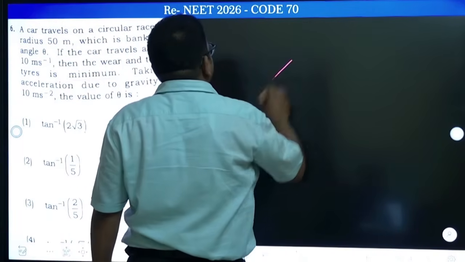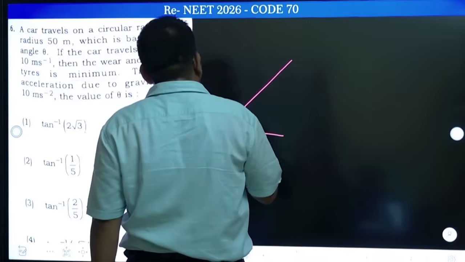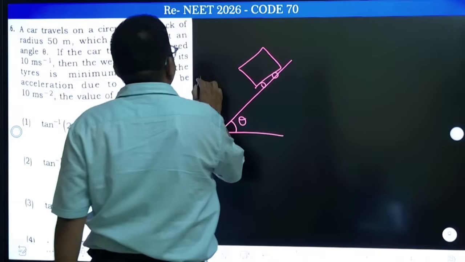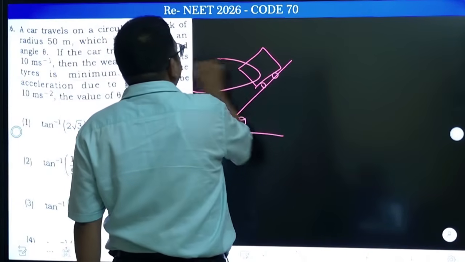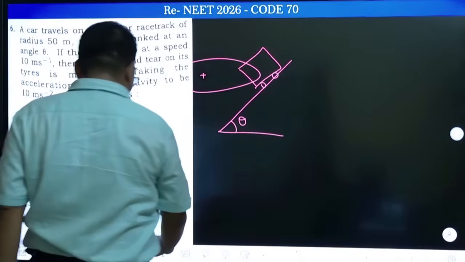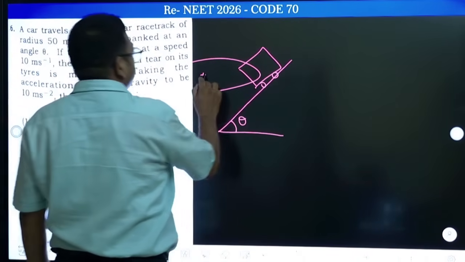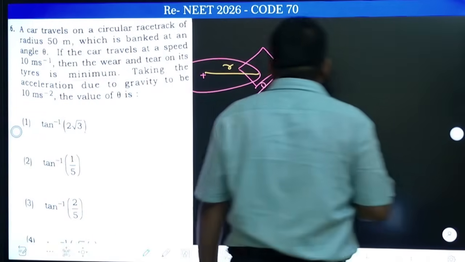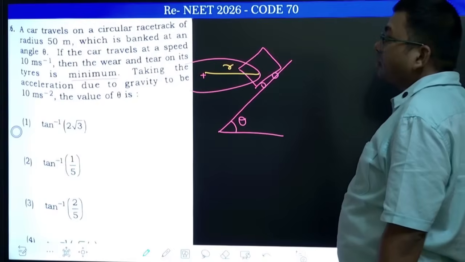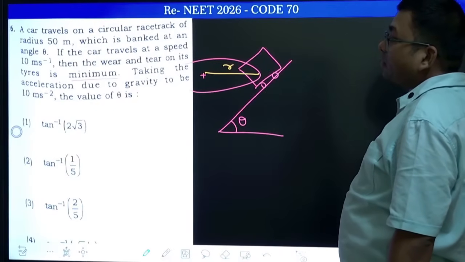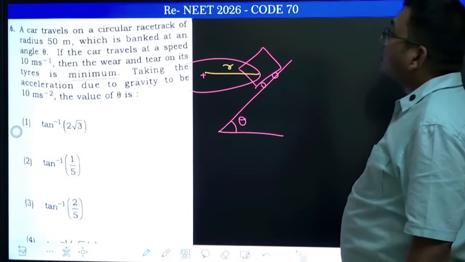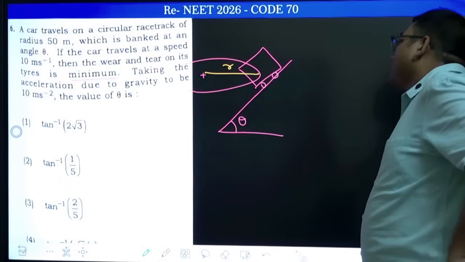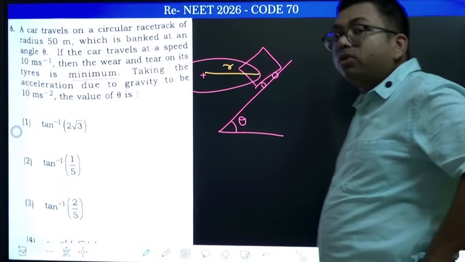So suppose this is the track with some angle theta, and this is a car going in a circular turn of radius r. If this car is going with such a speed, what speed should we use? Friction is definitely there, and banking is also there.